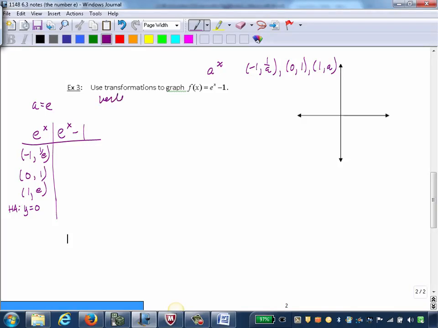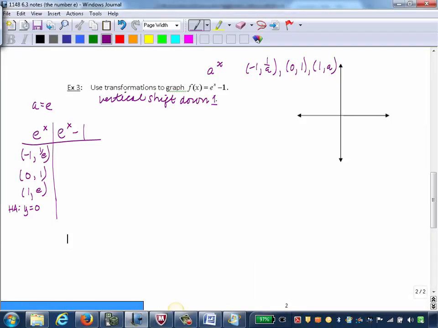So we have a vertical shift down 1. We're going to take our 3 key points and subtract 1 from these y values.